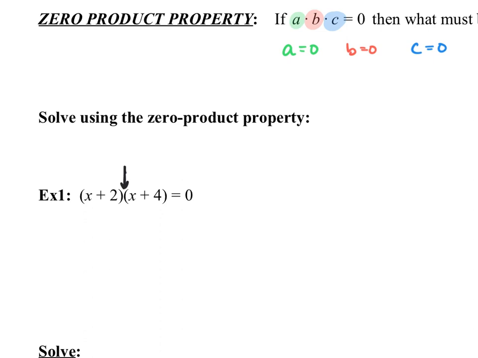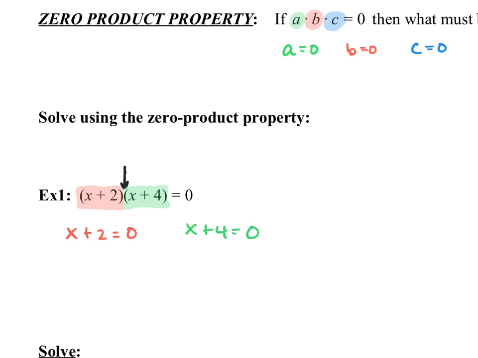But again, instead of it just being an A and a B, here's quantity 1, that's my red quantity, and here's quantity 2, that's my green quantity. And my answer, I can see, is 0. So if I'm multiplying red by green and getting an answer of 0, that must mean that either my red quantity equals 0, which is x plus 2, or my green quantity equals 0, which is x plus 4.